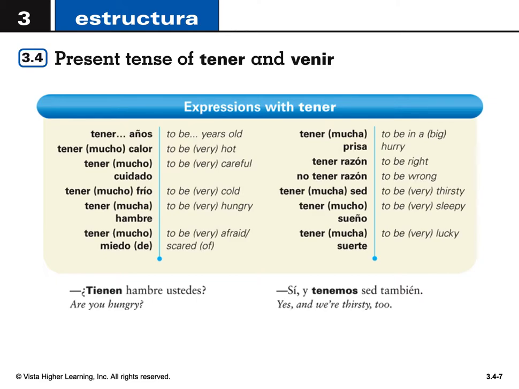Tener sed is to be thirsty or tener mucha sed. Tener sueño, to be sleepy. And then tener suerte is to be lucky. So looking down at the example below, ¿tienen hambre ustedes? Are y'all hungry? Sí, y tenemos sed también. Yes, and we are thirsty too.